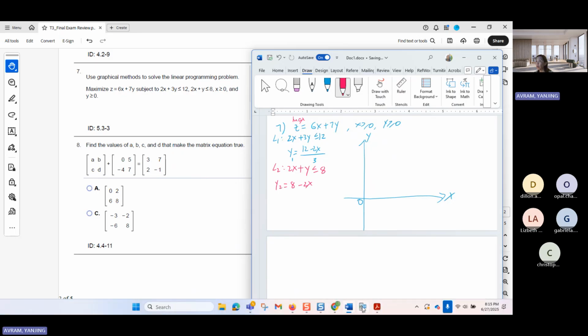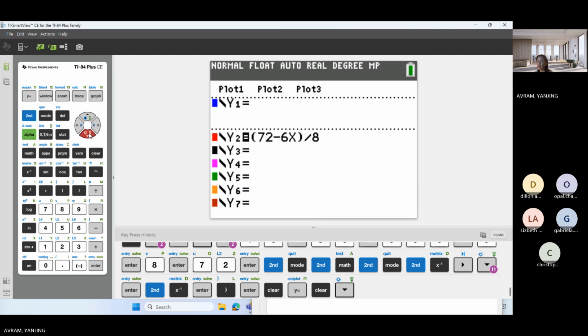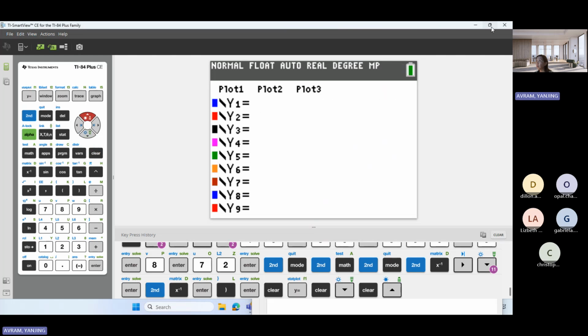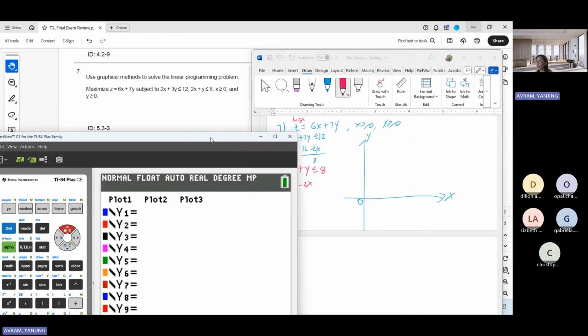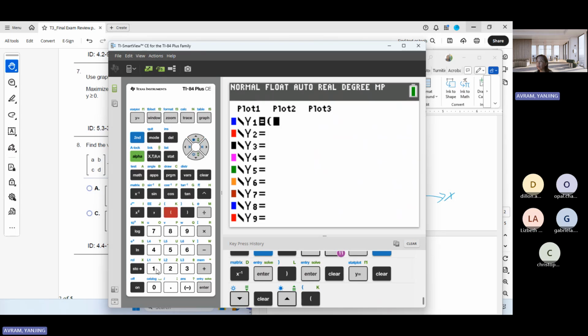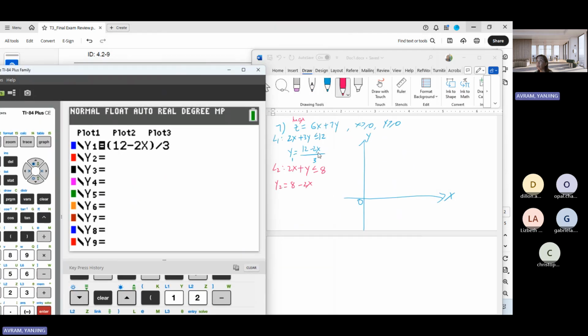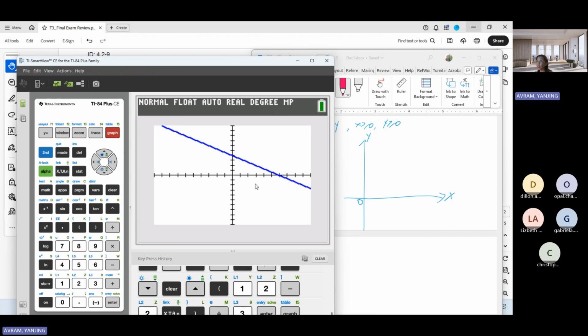Okay, so my y1 here is blue, and my y1 here is 12 minus 2x divided by 3. So that's my y1, right? If you want, you can go ahead and graph this one. So that's your y1 in here, right?